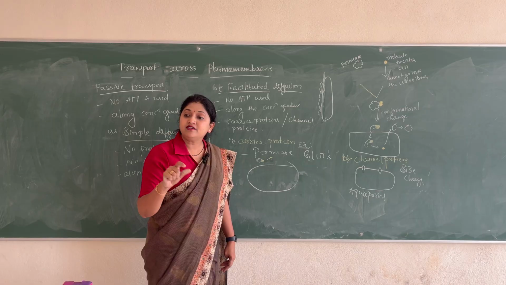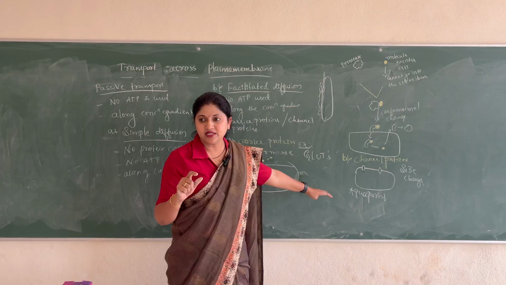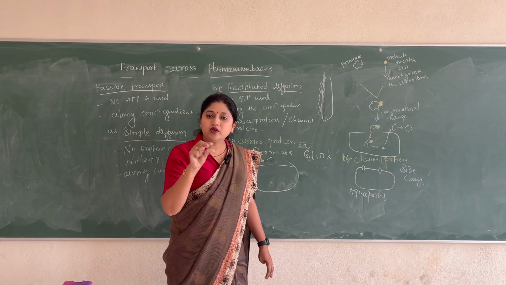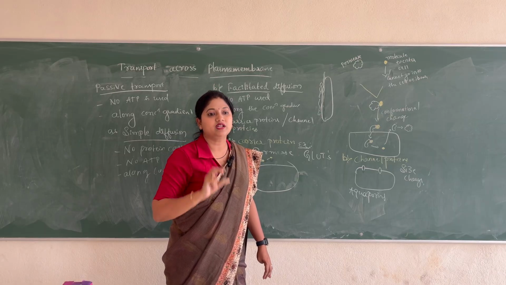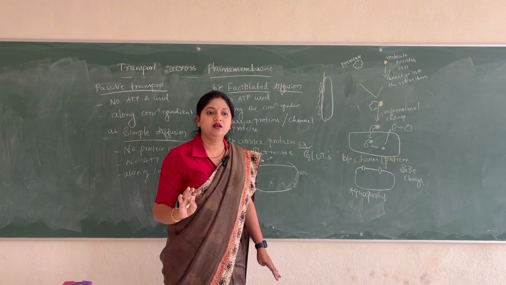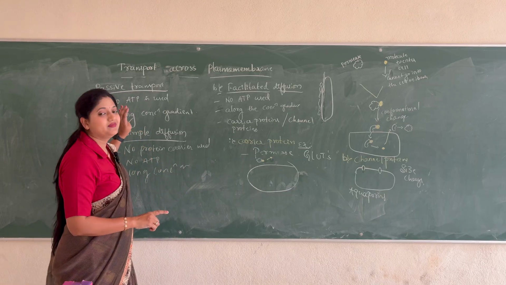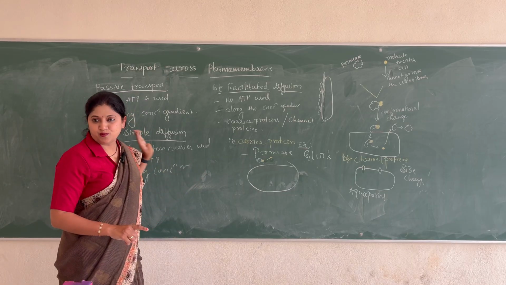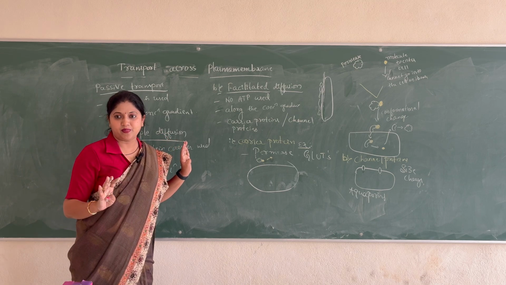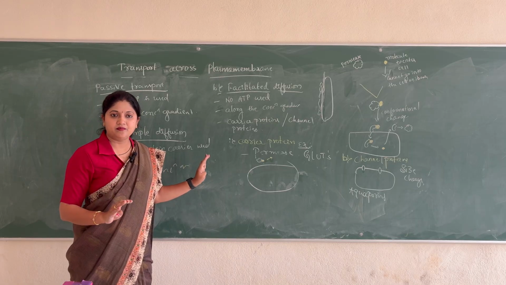The ones facilitating the movement of water are called aquaporins. These are small proteins, and together they form one water channel or aqua channel. Clear? Any doubts? This is about active transport and passive transport. Any doubts? Note it down.